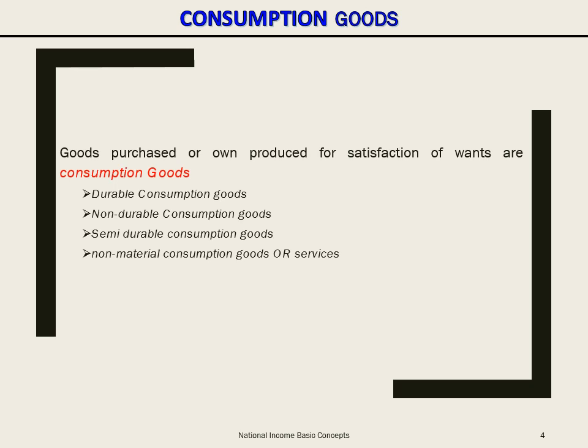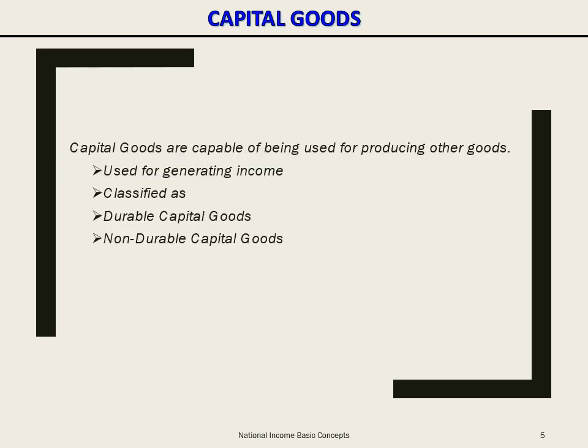Goods like food, electricity are called non-durable goods. Semi-durable consumption goods are those goods which last for around a year or so, like clothes or certain electronic goods which do not have much life. They are called semi-durable goods. And non-material consumption goods are services.